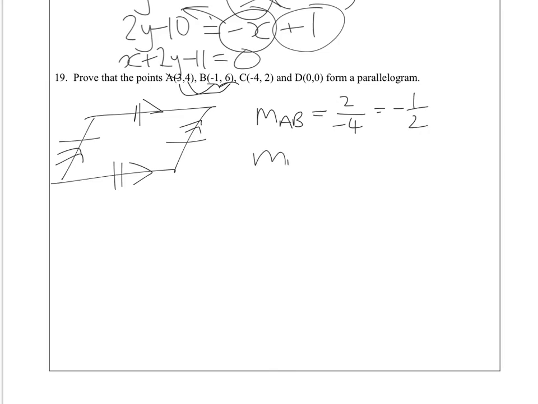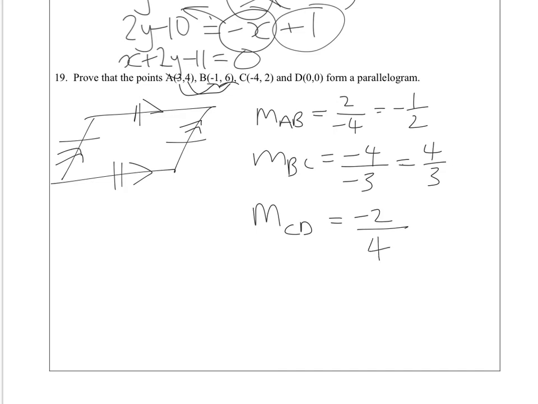The gradient of BC from 6 to 2 is negative 4. From negative 1 to negative 4 is negative 3, which gets us positive 4 on 3. The gradient of CD from 2 to 0 is negative 2. From negative 4 to 0 is positive 4, which gets you negative a half.